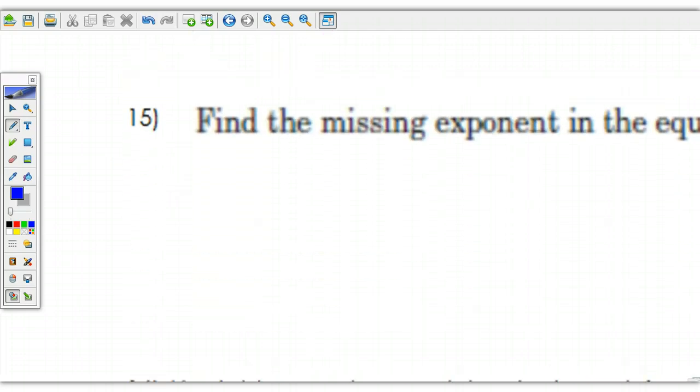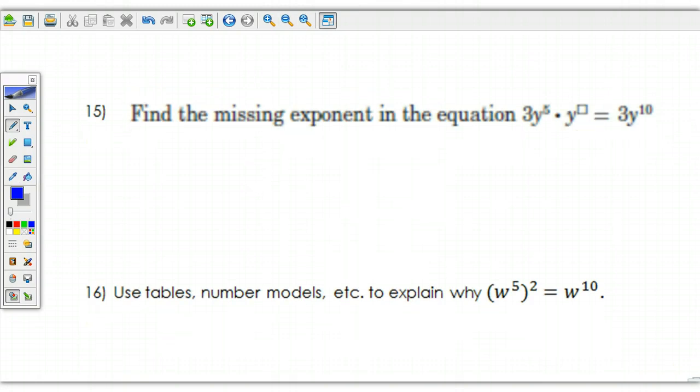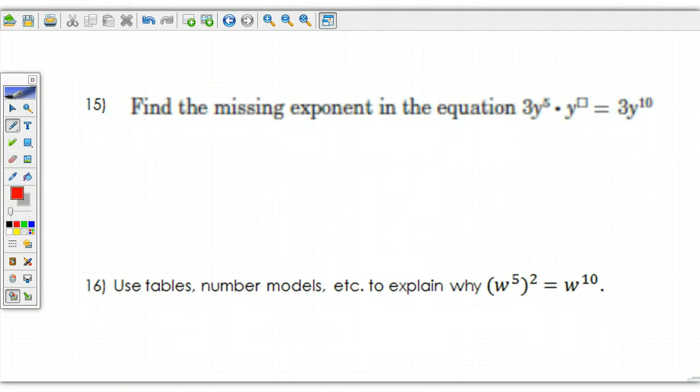Next one, number 15. If we find the missing exponent here, this is the one that I actually made a mistake on first, because I went so fast I wasn't really thinking. But we have to think about whether this is the addition rule or the multiplication rule with the exponents. The 3 is the same in both, so we don't have to worry about that. But then we actually have y to the fifth times some other power of y has to equal a 10th power.